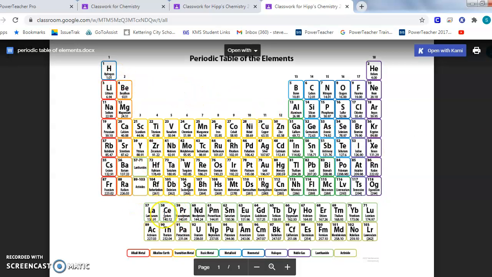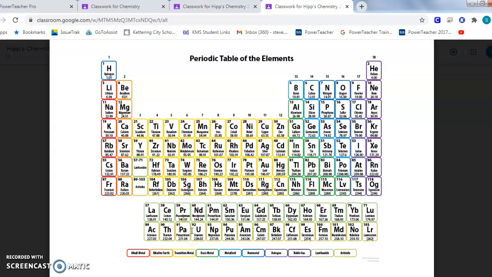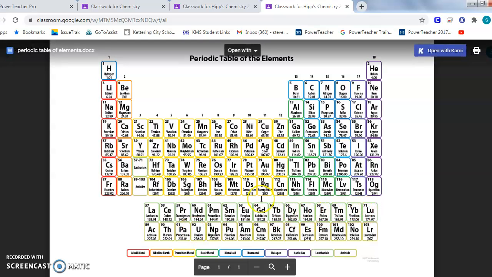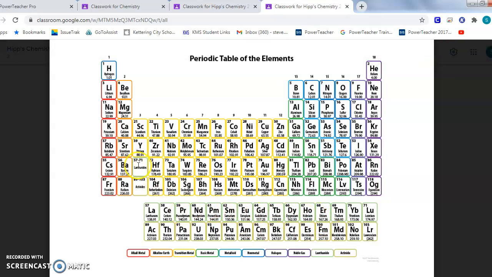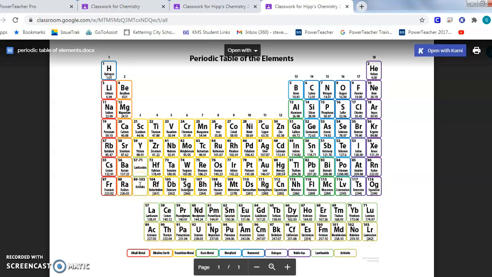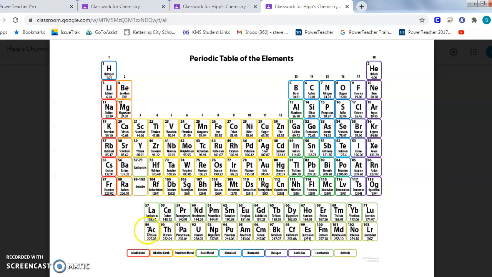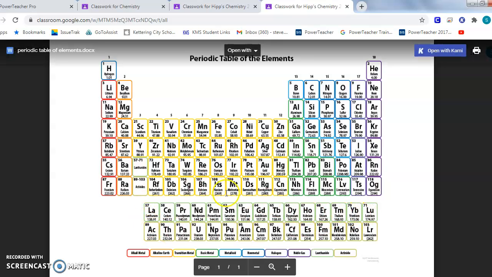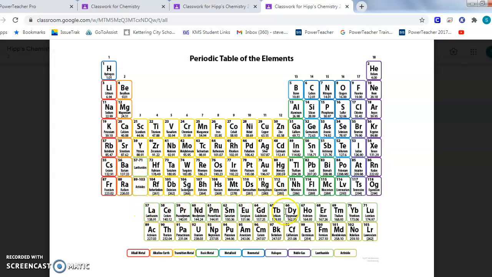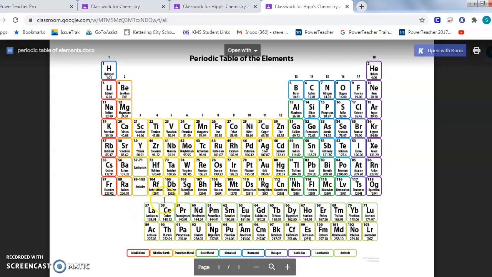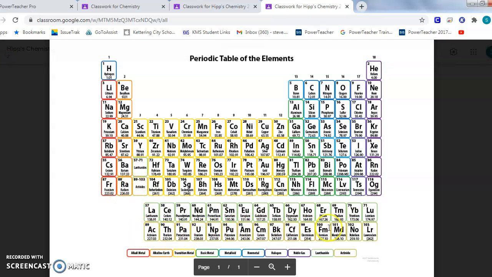You might want to count these as 8 and 9. Well, those are not 8 and 9. In fact, we need to fold all of this up. This row right here actually fits right inside there where it says 57 to 71. This row right here actually fits inside there where it says 89 to 103. So when we go to 56, we come down and we go from 57 to 71. 87 and 88, we go to 89, that's down here through 103.